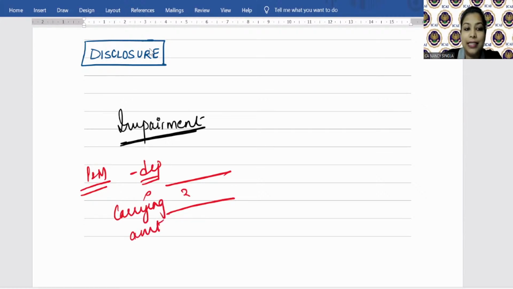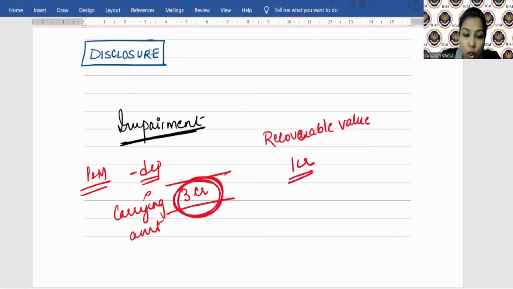Okay? Let's say it is 3 CR. Now, the recoverable value or the fair value that the company can get if it sells such plant and machinery is just 1 CR. So this 3 CR, it is not showing the correct picture now.